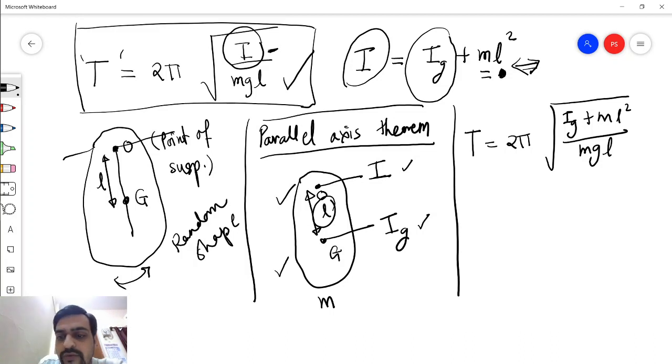Now we know another definition which is called the radius of gyration.